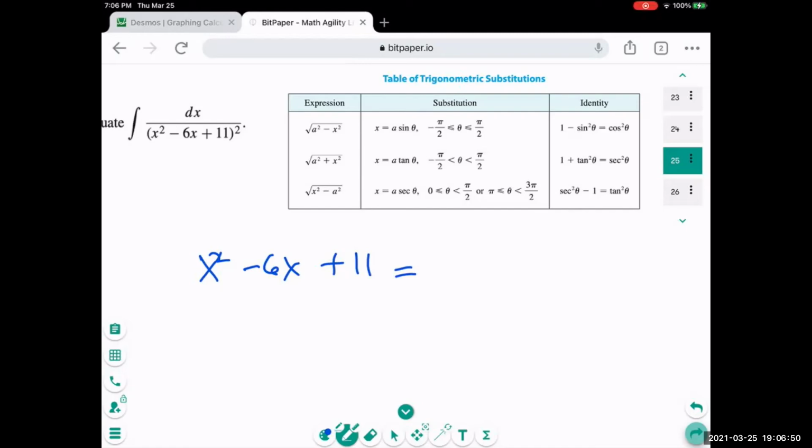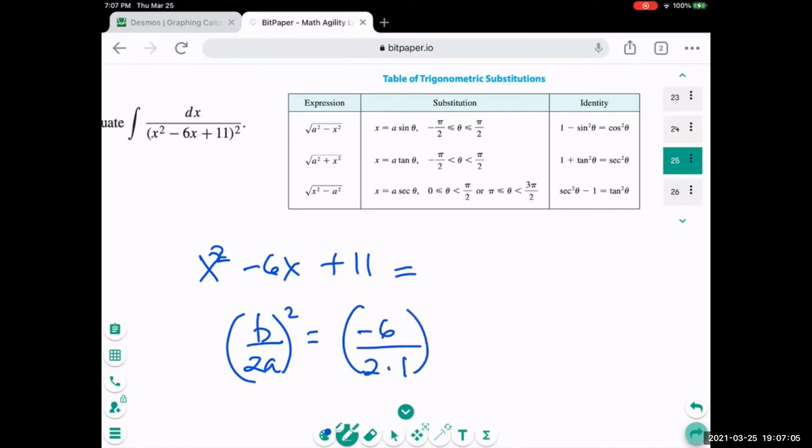So to complete the square, if you remember this formula, your b is your negative 6 and then 2 and your a is 1, right? There's an invisible 1 and then let's square it. So negative 6 over 2 is negative 3 and then square, that is 9. So meaning, ita-transform natin yung polynomial na may kasamang 9 para makuha natin yung perfect square trinomial.